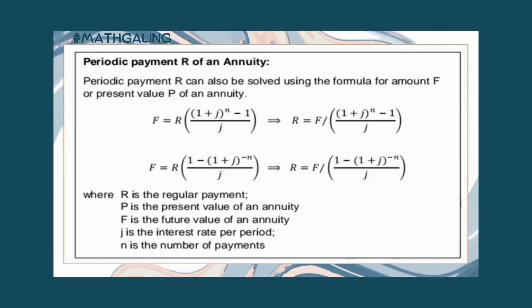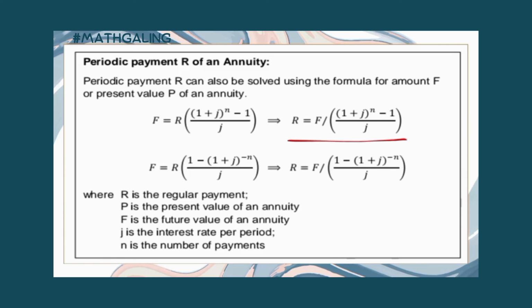So now, in solving for periodic payment of an annuity, there are different formulas you need to remember. First, if you are looking for the future value with a given regular payment, you are going to use the formula future value equals regular payment times the quantity 1 plus interest rate per period raised to n minus 1, all over the interest rate per period.